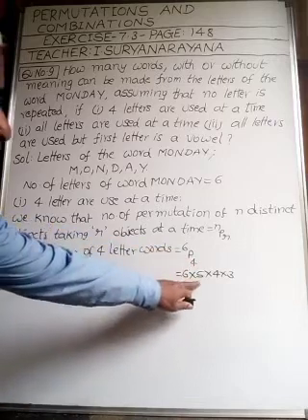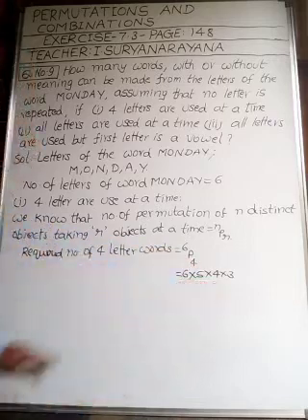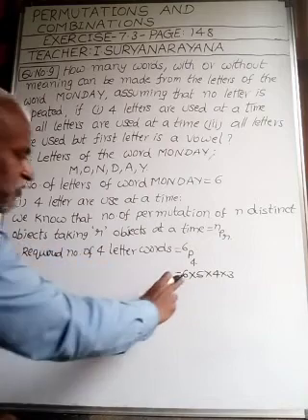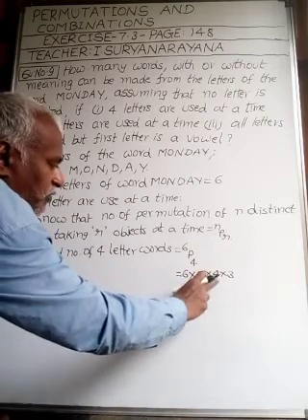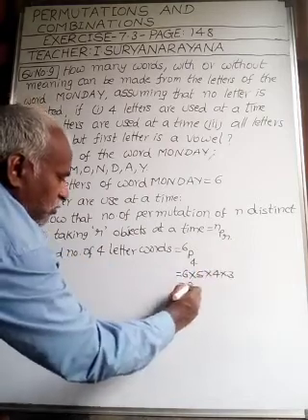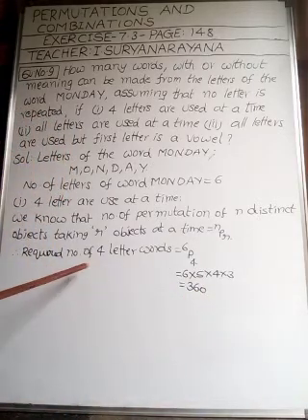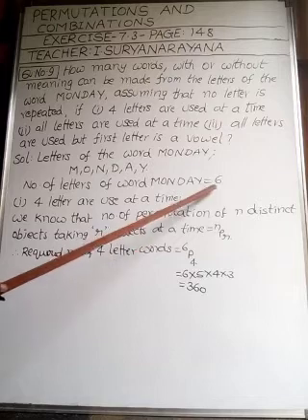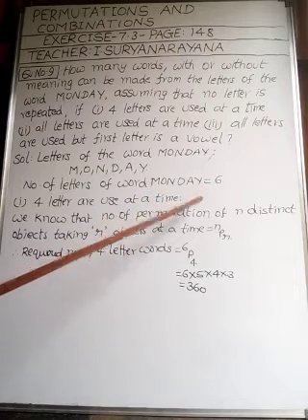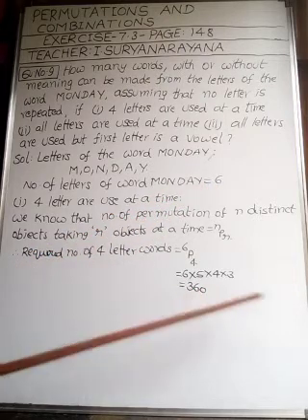So 6 into 5 into 4 into 3. 6 5 is 30, 30 4 is 120, 120 3 is 360. So 360 4-letter words can be made by using the letters of the word Monday. Understood this point, my children?